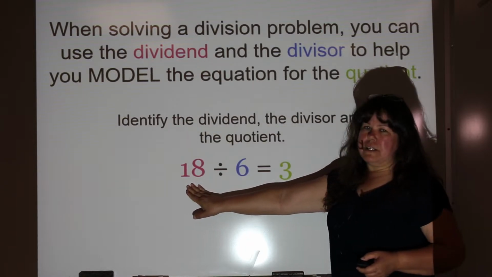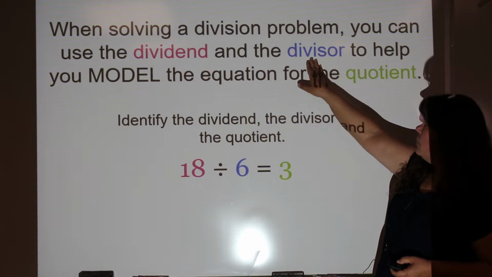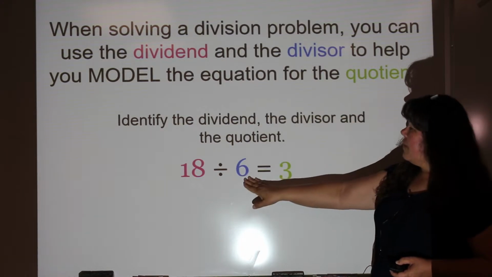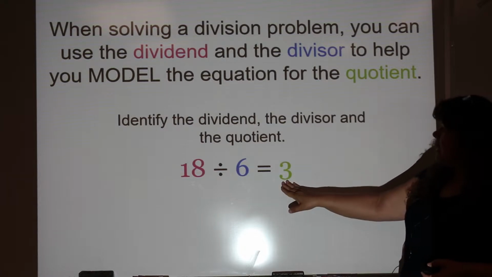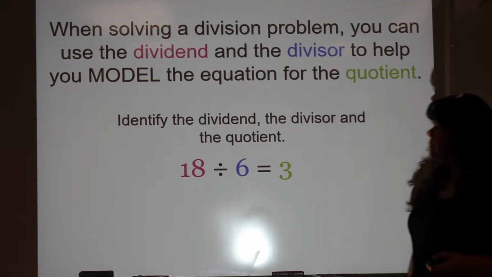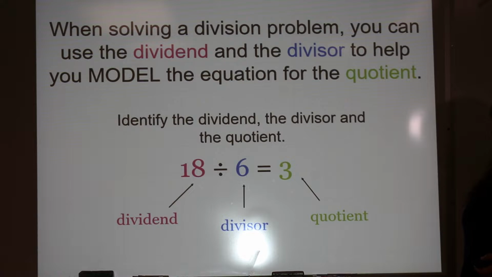So this is the dividend. The 6 is in purple or blue, and so that's the divisor. And then our quotient, the answer, is in this pretty lime green. Dividend, 18. 6 is the divisor, and 3 is the quotient.